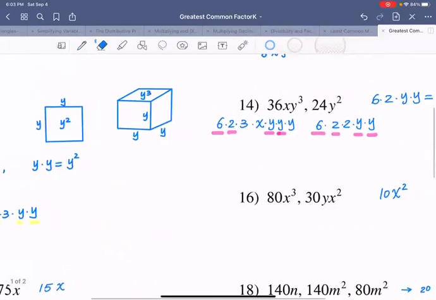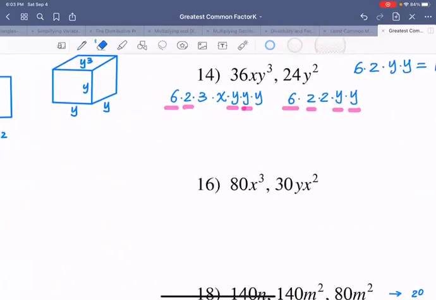Now the other student, go ahead. Next one, 16. So it's 2 times 2 times 2. I'll show you a trick. When I see 0, 0, I'm going to take the 10 out.